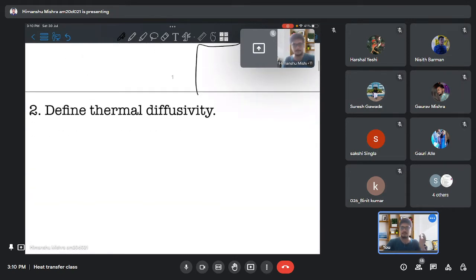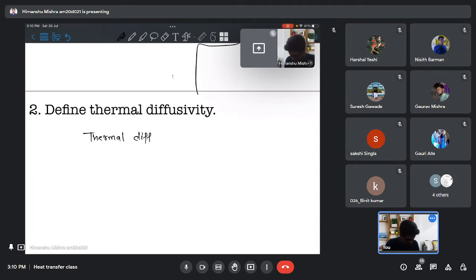So let's define the thermal diffusivity. In the conduction problem, the thermal diffusivity can be defined as the ratio of heat conducted to the heat storage.